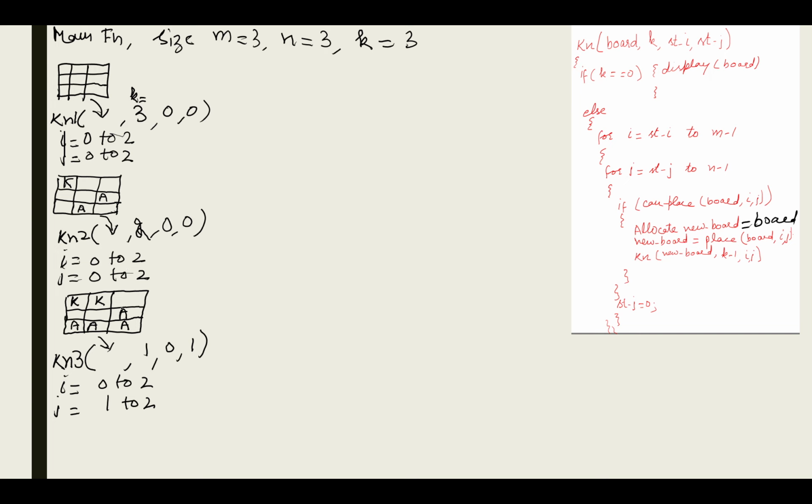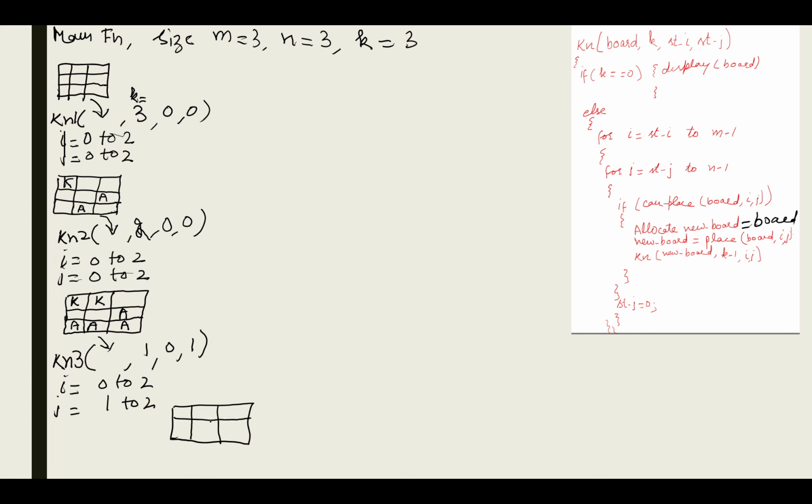And again we check, can we place on this board at position 0 1? But we cannot place because there is already a knight there. Increment j, it becomes 2. Again we check, can we place at board 0 2? We can place it here because this is an empty position. So we allocate a new board. A new board is created.